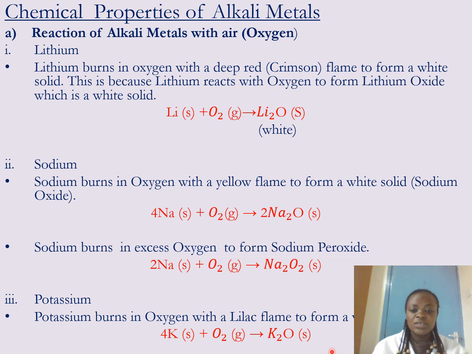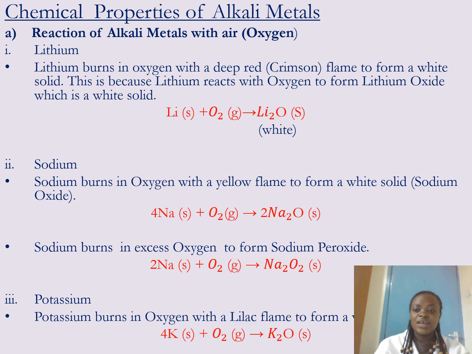The white solid is potassium oxide, and that is the reaction between potassium and oxygen to form potassium oxide. The state symbols should be right and the equation should be balanced. That is what we observe when we burn alkali metals in oxygen.